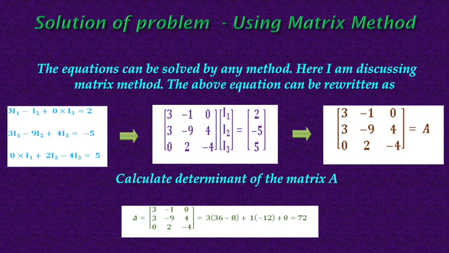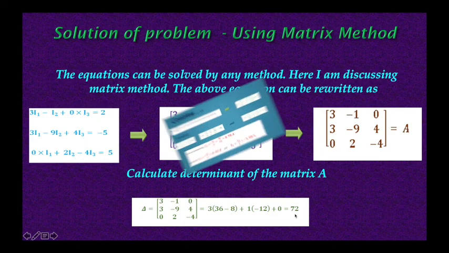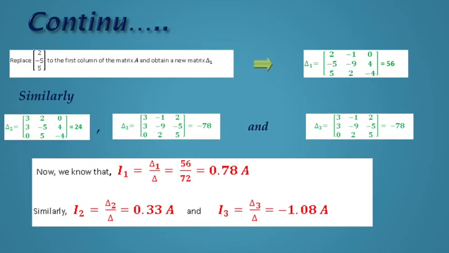So let us consider this coefficient matrix as A. Calculate the determinant of this matrix A. So delta equals 3 into 36 minus 8, plus minus 3 into 4, that means 12, into 0, plus 0. Then we get 72.